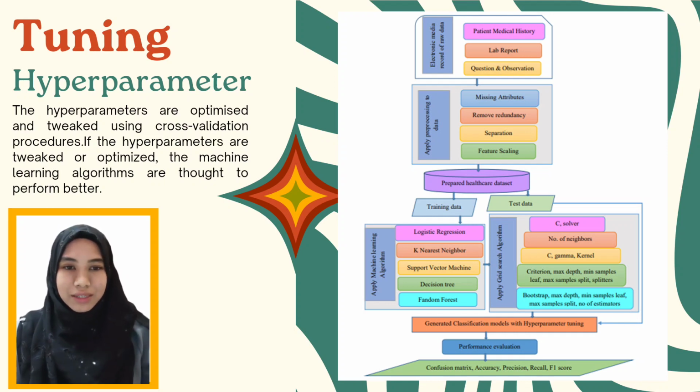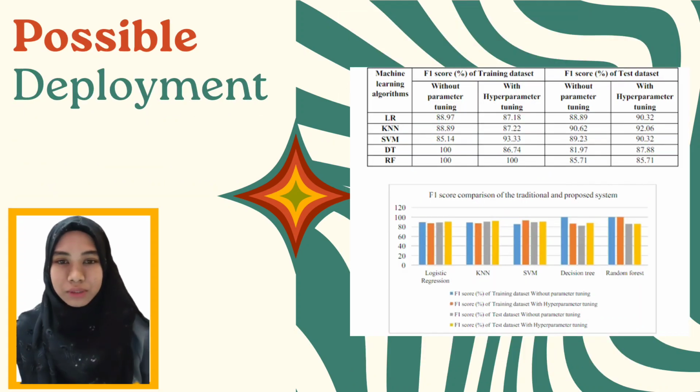Then we generate classification models with the hyperparameter tuning. After that, we perform an evaluation, and lastly, confusion matrix, accuracy, precision, recall, and F1 score. Possible deployment. As we can see here, this is the F1 score of the traditional and proposed system of the machine learning algorithms.